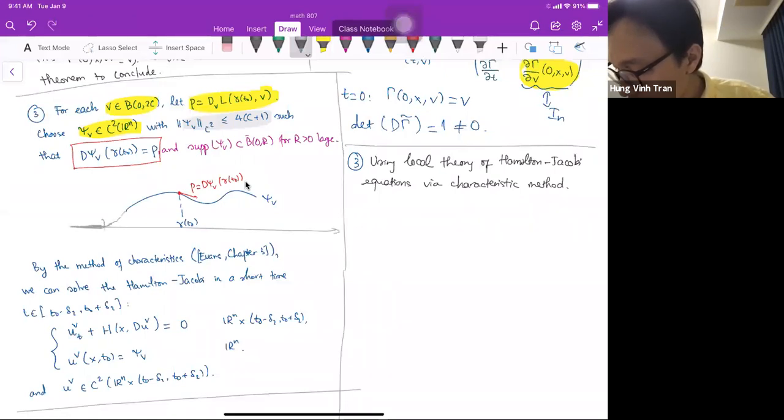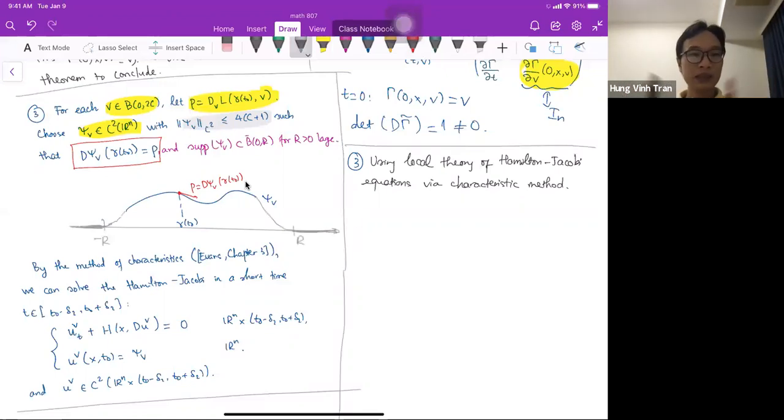This is minus R, this is R. Because gamma(t_0) is a given point, and the velocity is bounded by a given constant c, that means that p is also bounded by a given constant. So for any given gradient p, I choose a function c_v correspondingly.